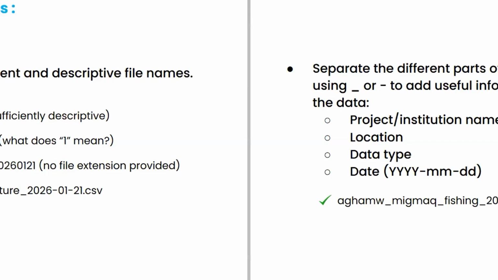In the good example, you can see that you have the site information, what parameters we have analyzed, and at what time we did it. It is also important to separate the different parts of the file name using either the underscore or the hyphen. This is to add more information in the naming of the files.